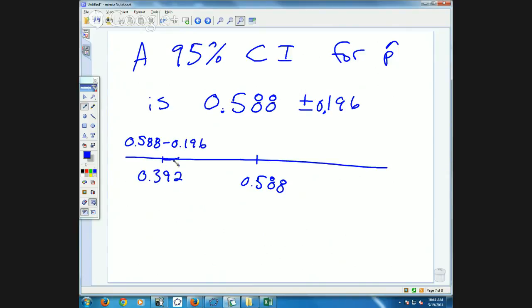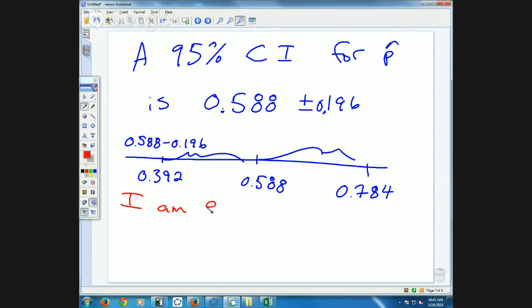So this distance right here is my 0.196. Now I've got to do the same thing on the other side. I'm going to add the 0.196. What does that give me? 0.784. Okay. So what this means is I am 95% confident that the actual proportion of females is between 0.392 and 0.784.